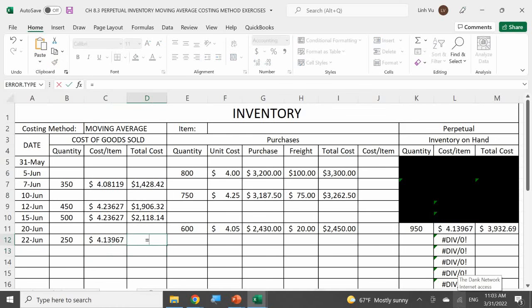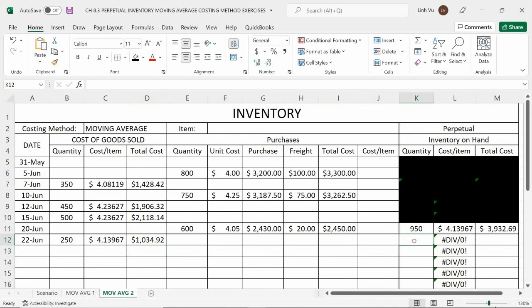So that should give me a cost of goods sold to be $1,034.92. Okay. So we need to update our inventory because we sold some.